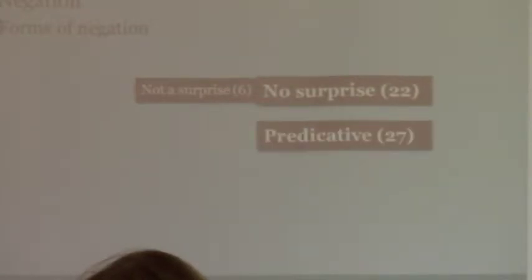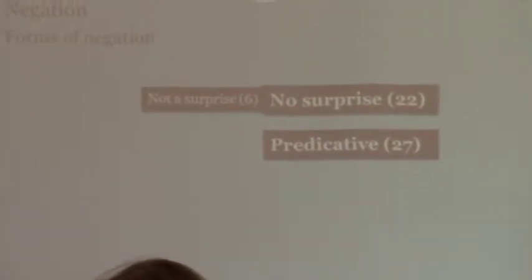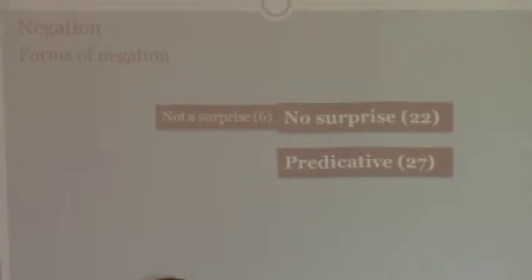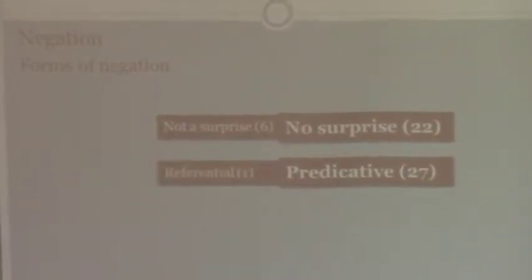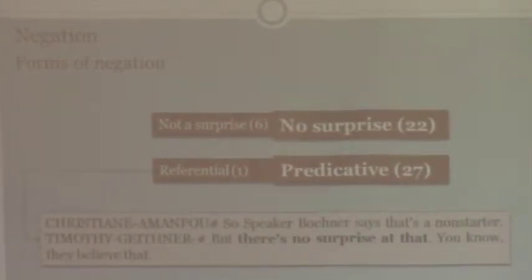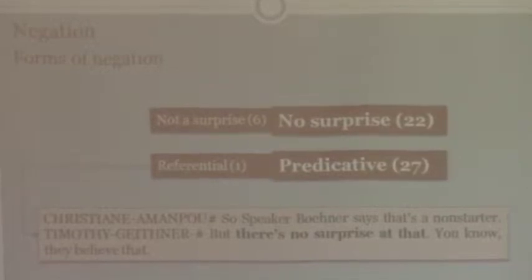Now, let's turn to negation. We found several negative forms in the corpus with different scopes depending on the meaning of surprise. We found 6 occurrences of not a surprise, 22 occurrences of no surprise, and this confirms our hypothesis that the count noun is associated with a source, a stimulus, whereas the mass noun is associated with a state.